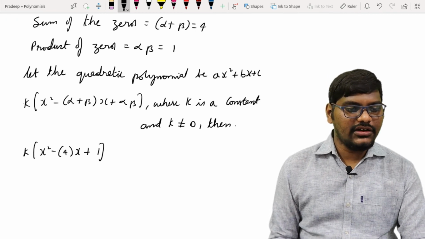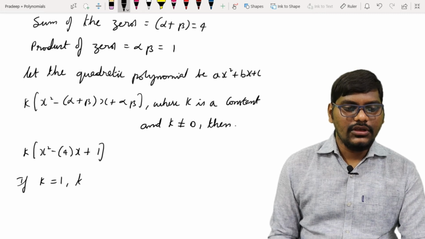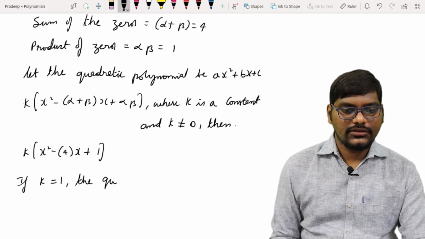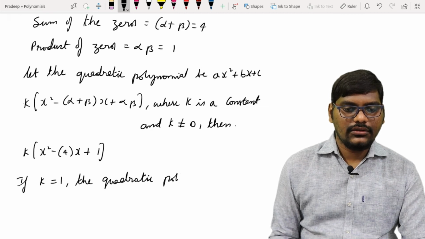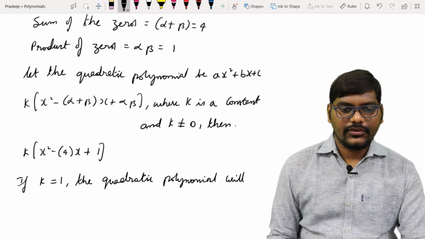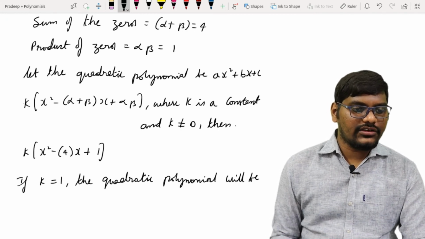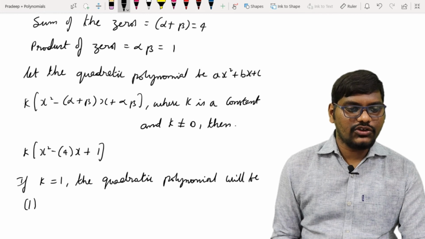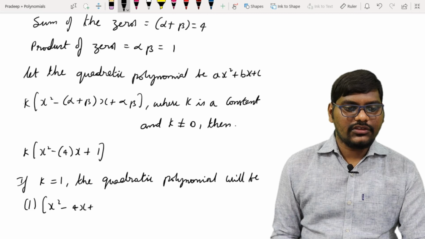So I can write here, if k is equal to 1, the quadratic polynomial will become, in the above k, I'll just write 1, so 1 into x square minus 4x plus 1.